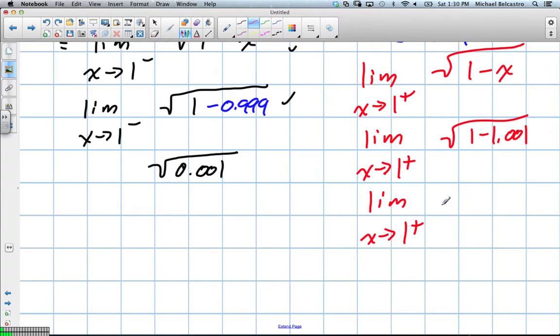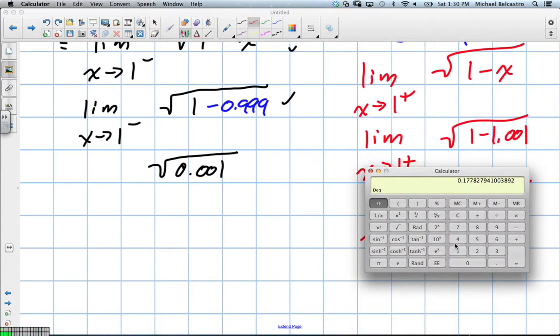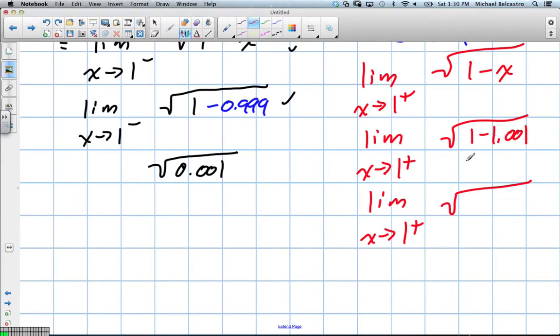I'll show you what happens. 1 subtract 1.001 is negative 0.001. Can I find the square root? No. So at this point, it does not exist from the right.